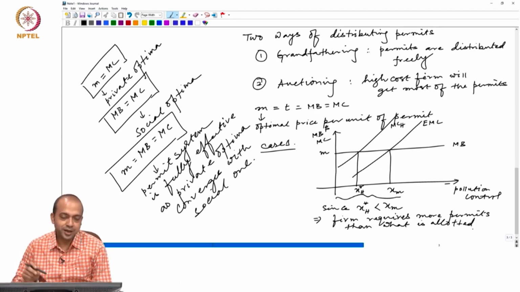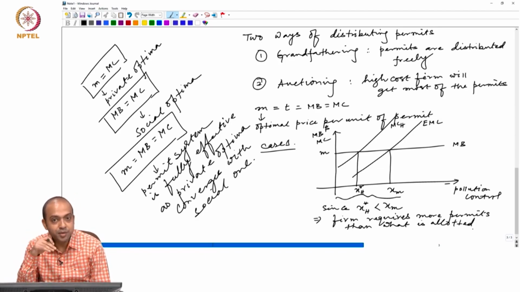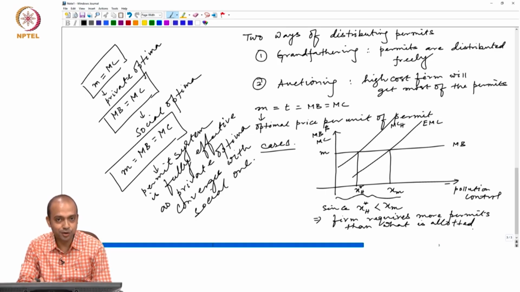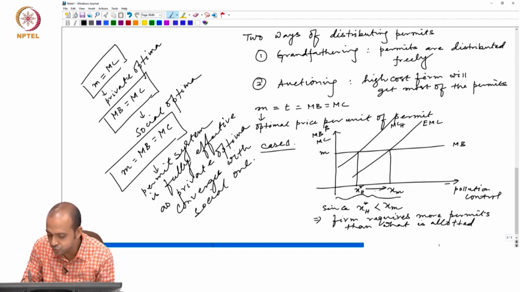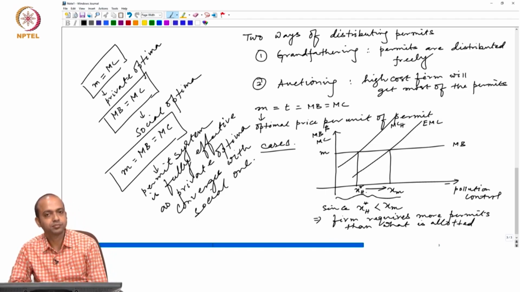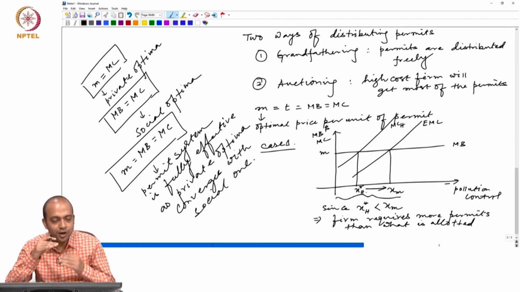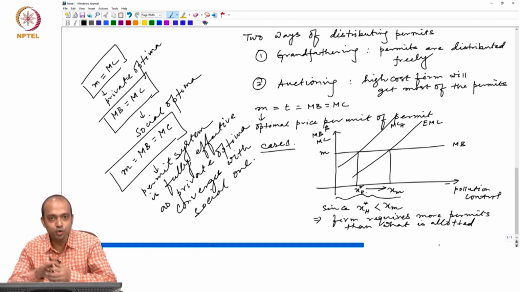But at a given period of time, once the permit is assigned, new permits cannot come into the market. So, what will happen then? Even though the firm can abate only XH star amount of pollution at equilibrium, the firm will be forced to move from XH to XM. The firm will be forced to abate more.